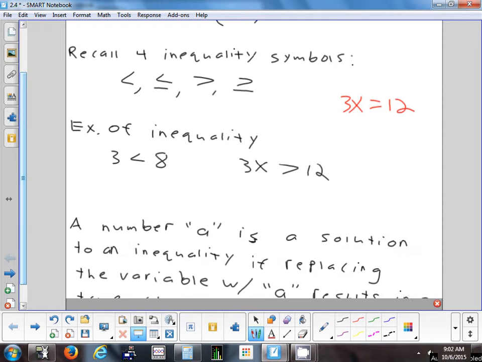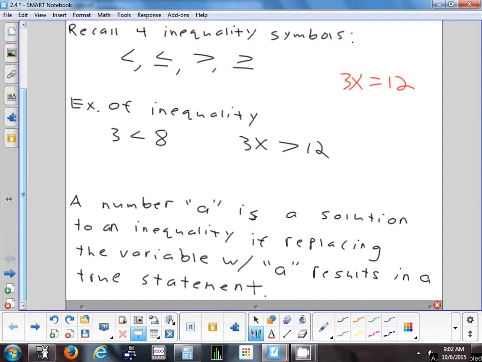All right, so the way we check if a number is a solution is you plug it back in and see if you get a true statement. Let's try this one. Let x equal 2. If I do that, I get 3 times 2 is greater than 12. Is that true?